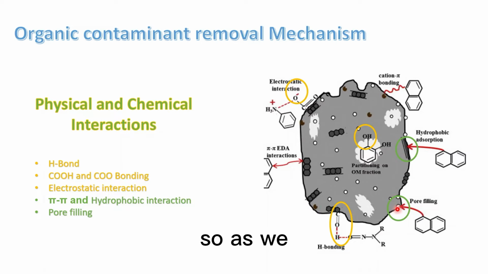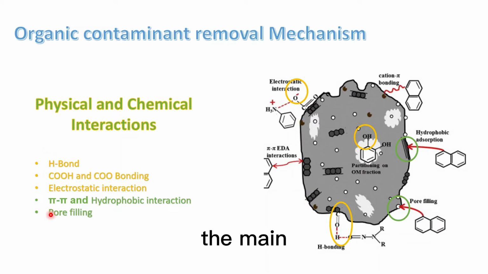As we see, biochar is highly porous in nature, so we can also find pore filling behavior for the removal of various organic contaminants. Biochar is negatively charged due to the presence of different surface functional groups. Therefore, the organic contaminants may interact onto the surface of the biochar by electrostatic interactions.